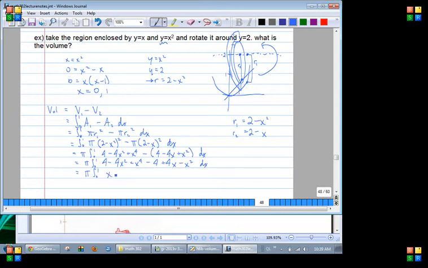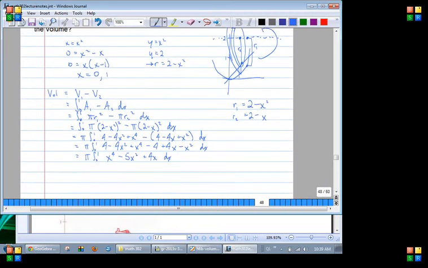So I've got x to the 4th, then I've got minus 5x squared and a plus 4x. And that's how that simplifies. And obviously doing this integral now is completely easy. All right. So the hard part is everything other than the calculus.